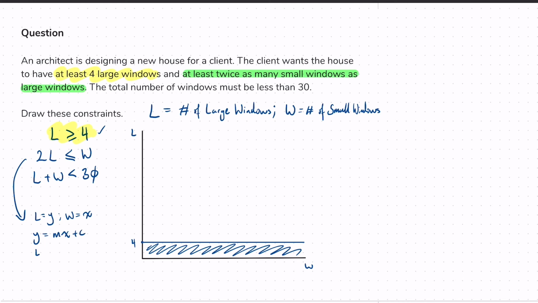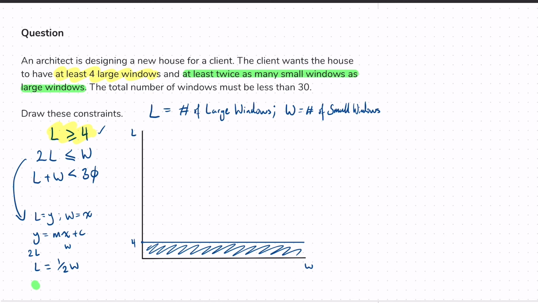L is going to be y, right? And then what have we got in front of L? Well, we've got a 2. But I want that to be on the other side, so I divide everything on the other side by 2. So L equals half of W. And you can see there's no c there. There's nothing in here to tell me there's a c.